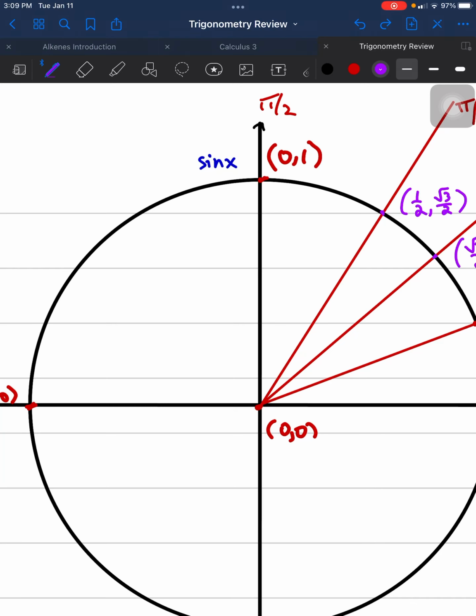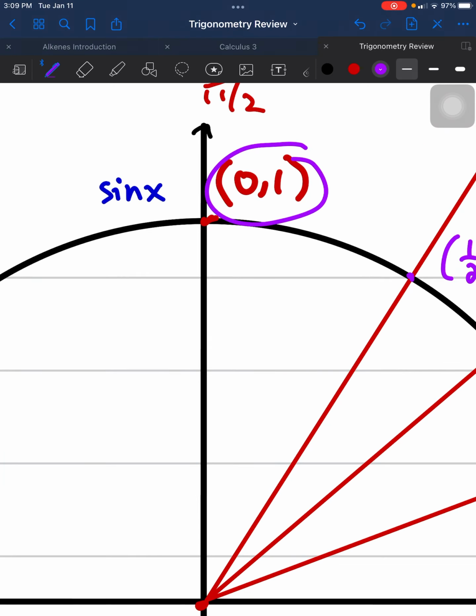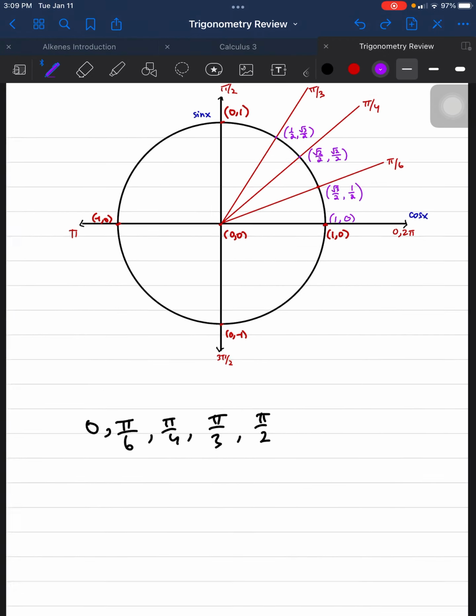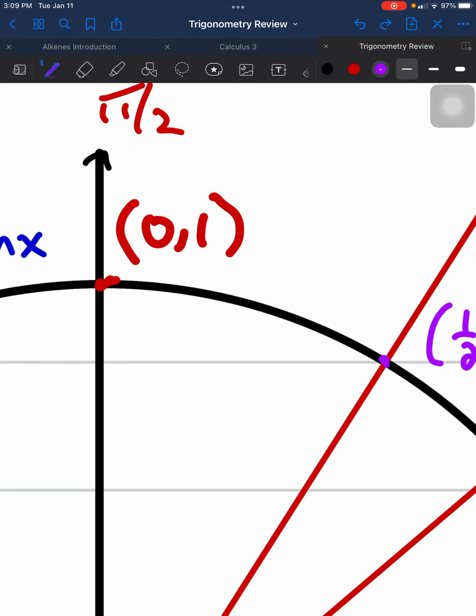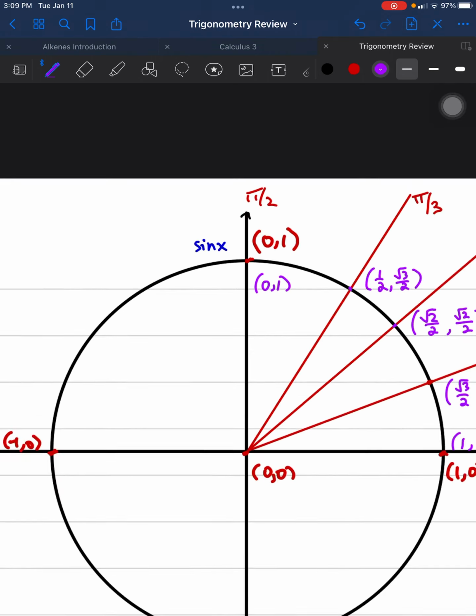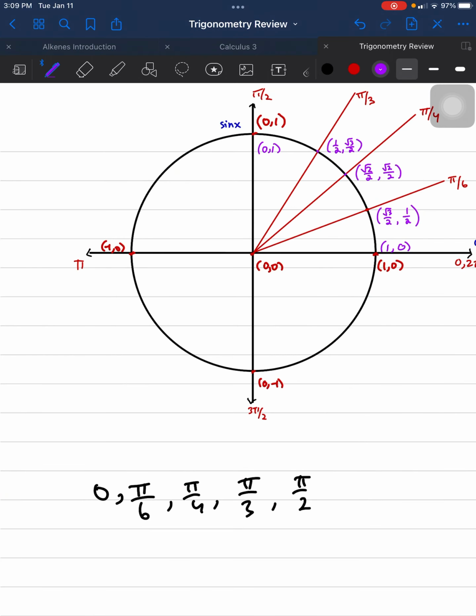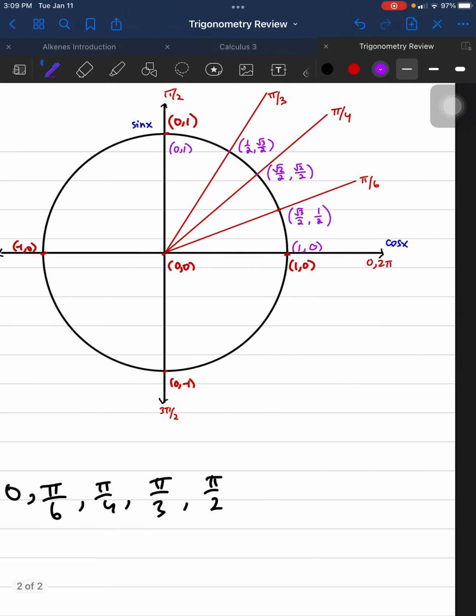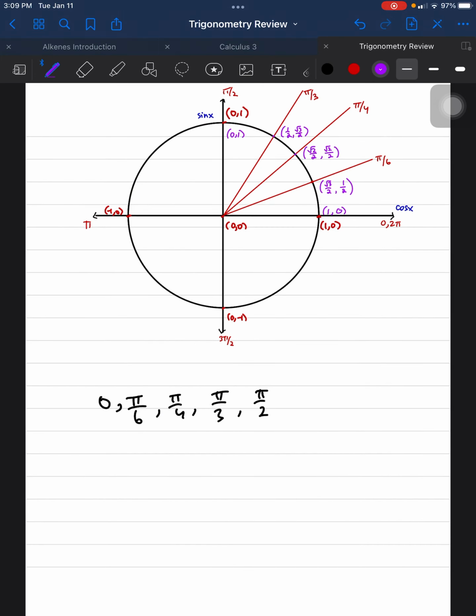And sine of pi over 2 is simply 1, since we have it right here. So we can just rewrite that: it's going to be 0, 1. So those are the basic values using the unit circle for sine and cosine.